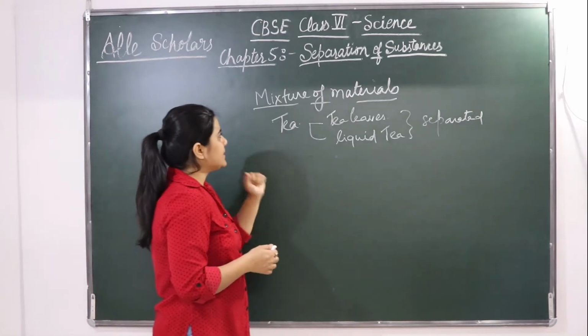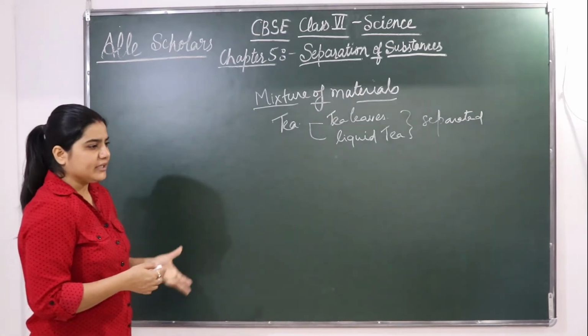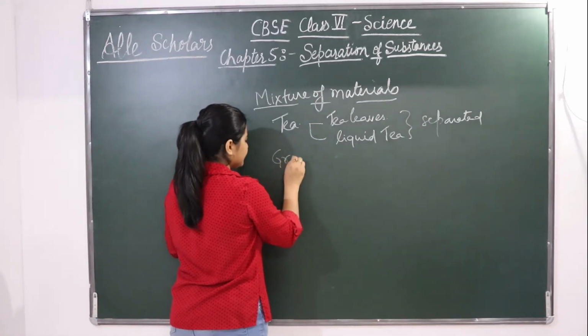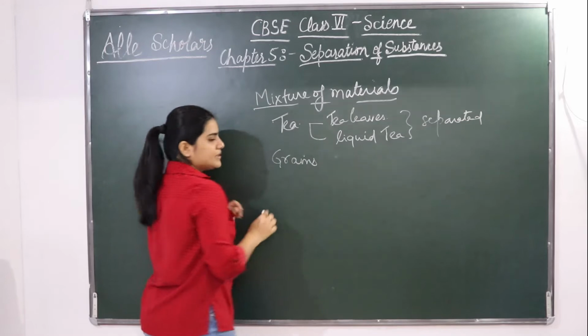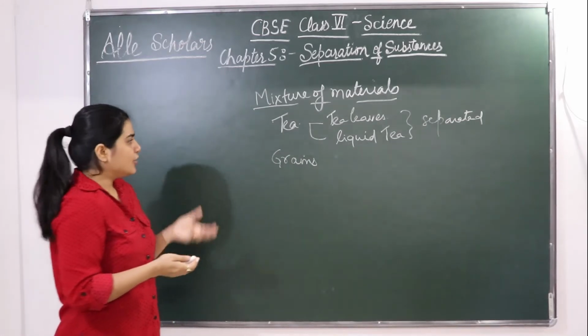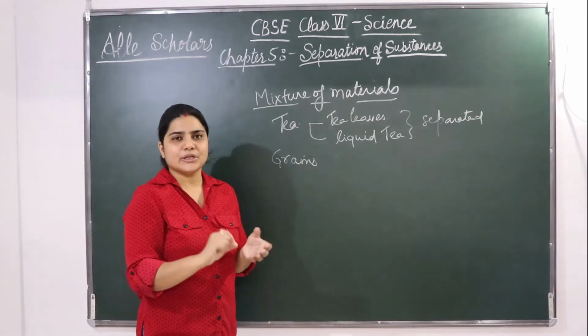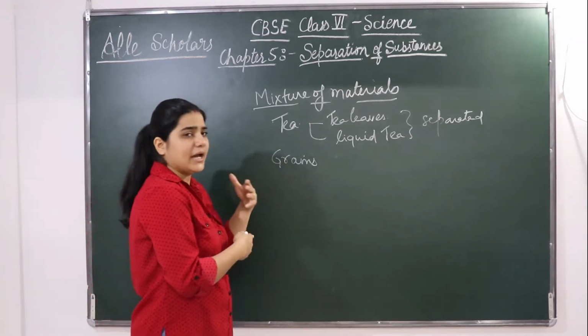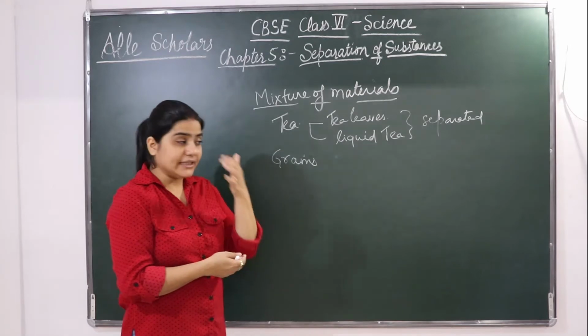So one example is this, in a mixture of materials when it is being separated. Then next comes grains. You must have seen different grains. Your mother used to pick out the stones and all other things and separate the grains. Any pulse can be there or anything.